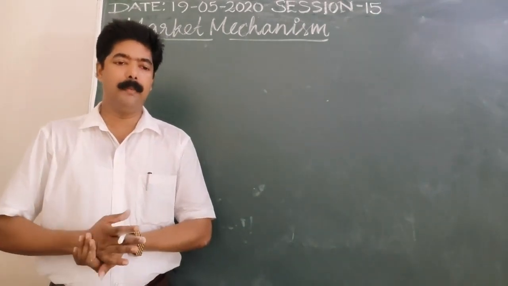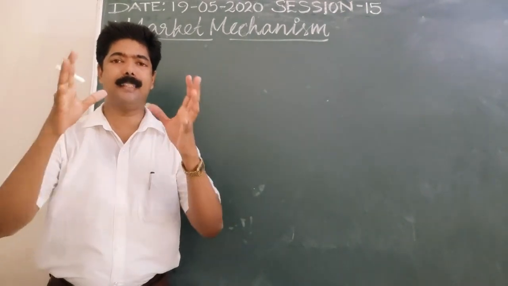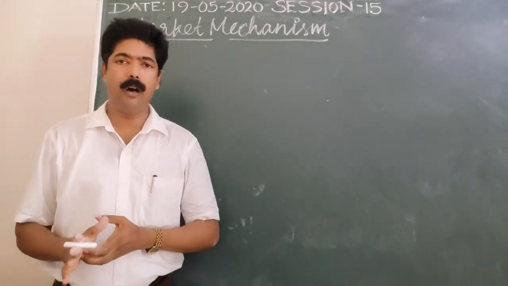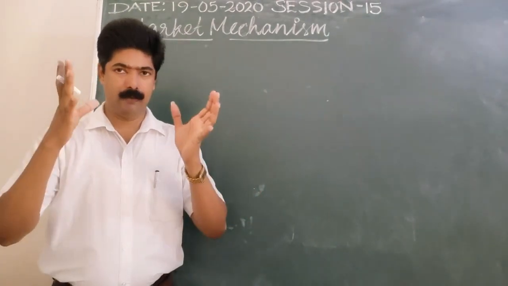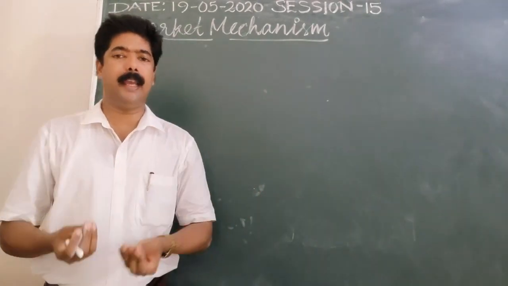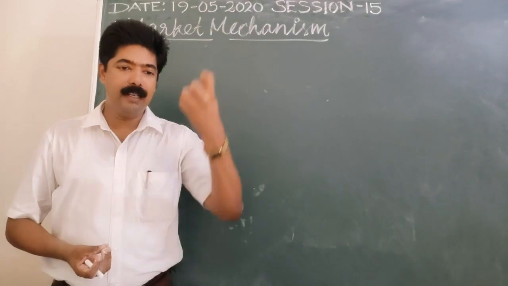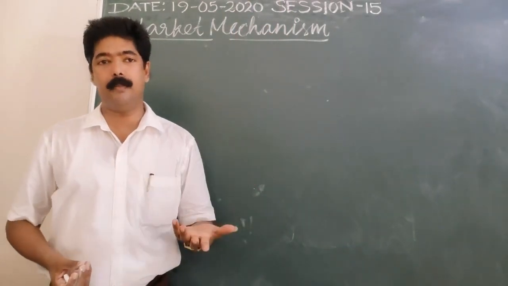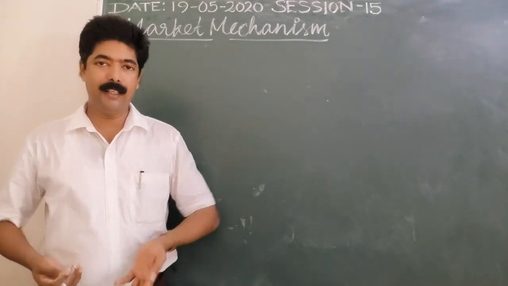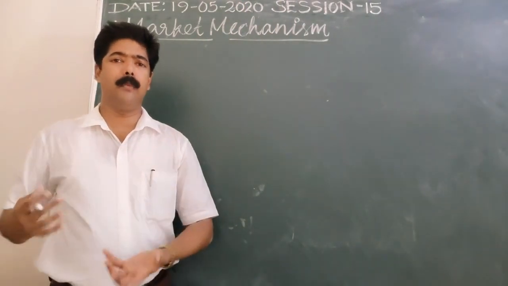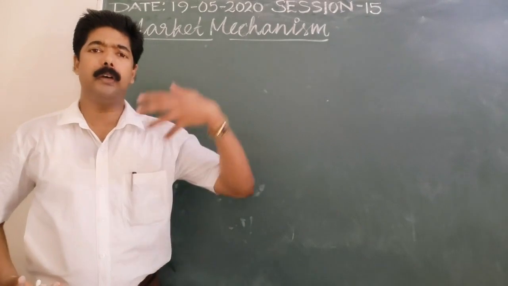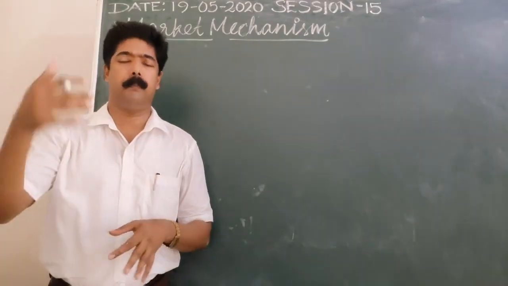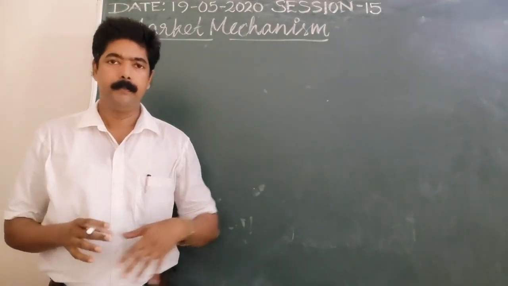So in the market, who determines the price of the commodity? In the market, demand and supply curves properly explain the different quantities of a good that are demanded by the consumers, as well as the different quantities of commodities that are produced and offered for sale by the suppliers in a market.